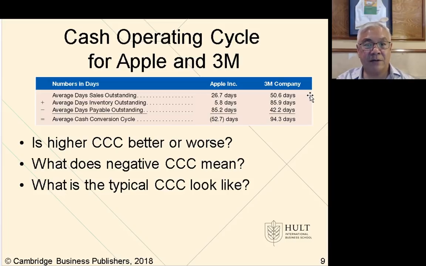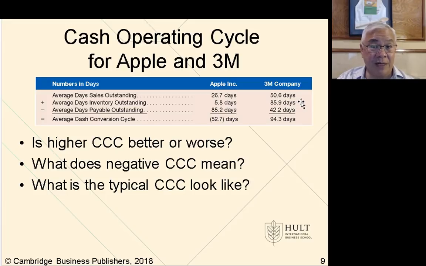It's negative because that plus that minus that is negative 52. Let's look at a more typical company, 3M, Scotch tape, stickies, things like that. It takes them 50 days to collect their money, which is not great, but you know, that is under 2 months of 60, so it's okay. Next is inventory. How long does it take them to sell their stickies and their Scotch tape? About 85 days. Okay.